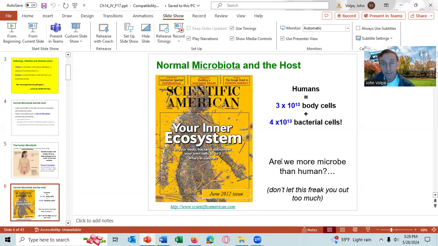And that begs the question, are we more microbe than we are human? And don't let that freak you out too much. Any question about any of that? So our normal microbiota, there are more cells of the normal microbiota than there are human cells.